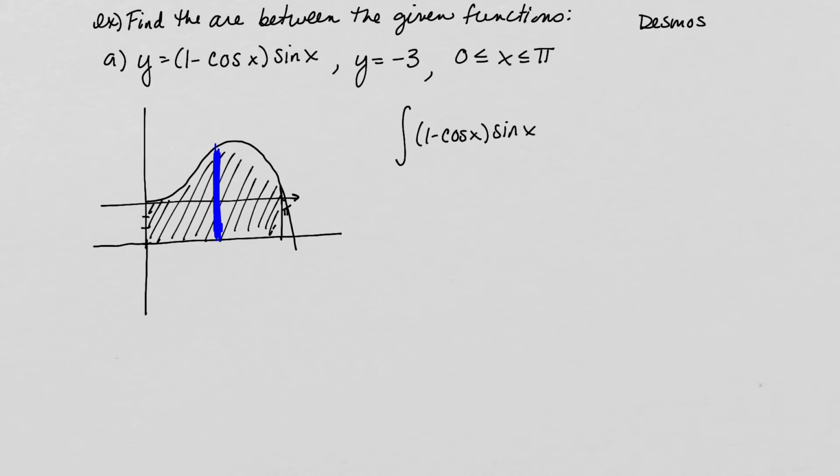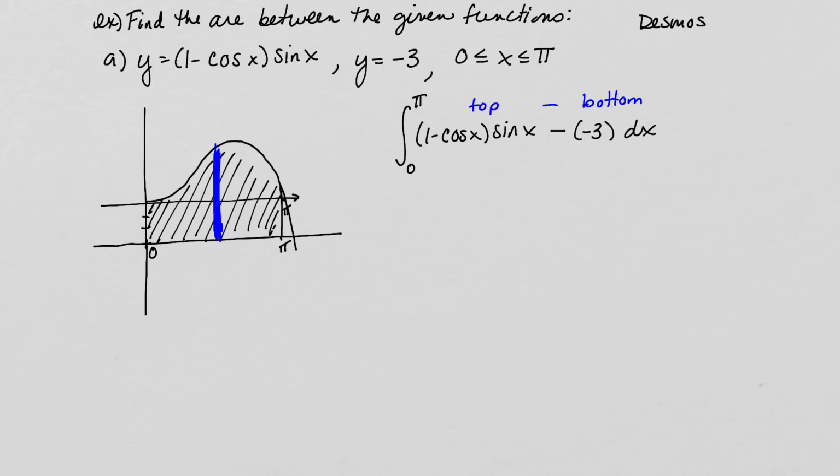This is what I think of as the top curve minus the bottom curve. And what's my bottom curve in this case? Yeah, -3, so minus -3 dx. And then in this case, they even just told me where x is between. X is between 0 and pi. So I know exactly where I have to integrate these between 0 and pi.